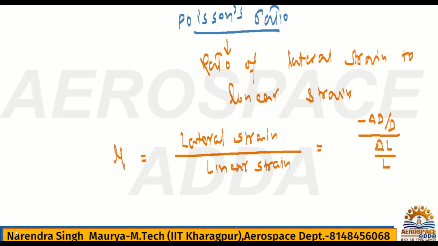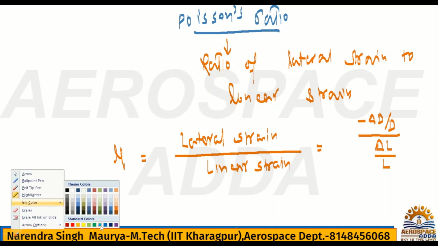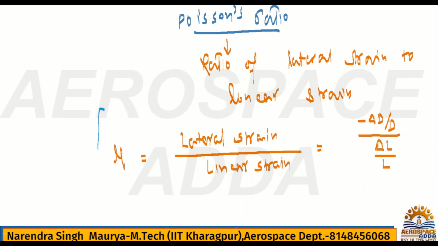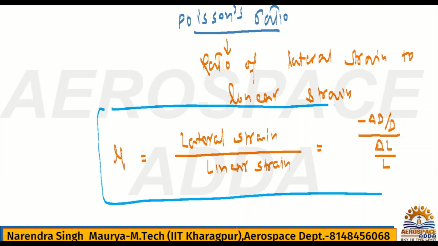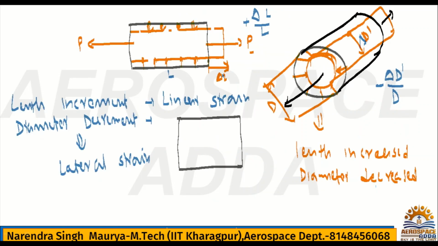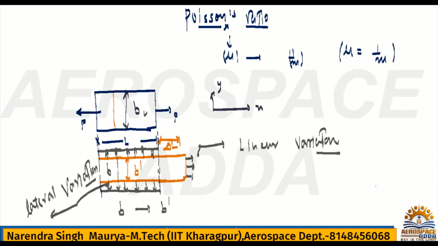This is the formula for the Poisson ratio that you need to remember always. By definition this is the formula, the theory part I have written here, and I have explained it nicely. I hope you understood the lateral strain.